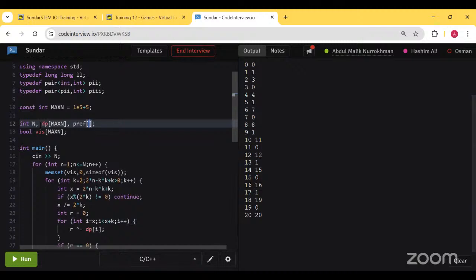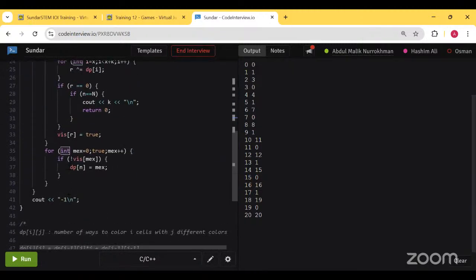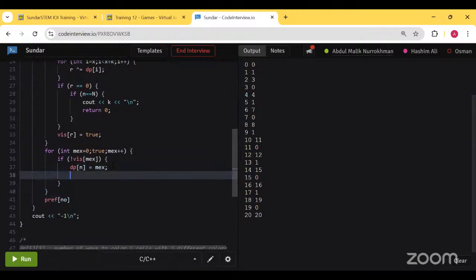So let's make a pref. After we find the value of dp, then okay, we repeat, since we repeat forever. pref[n] equals pref[n-1] XOR dp[n].